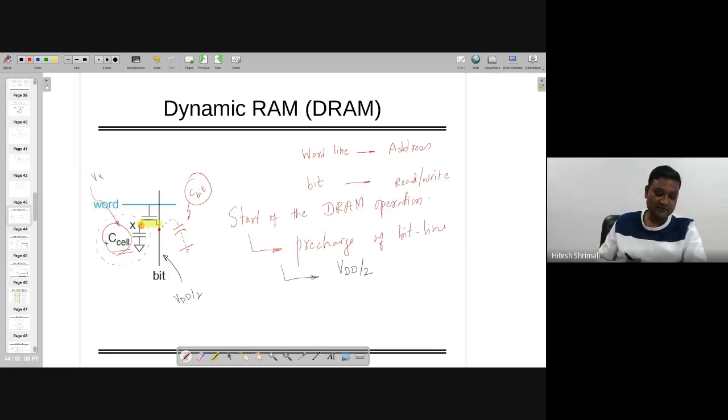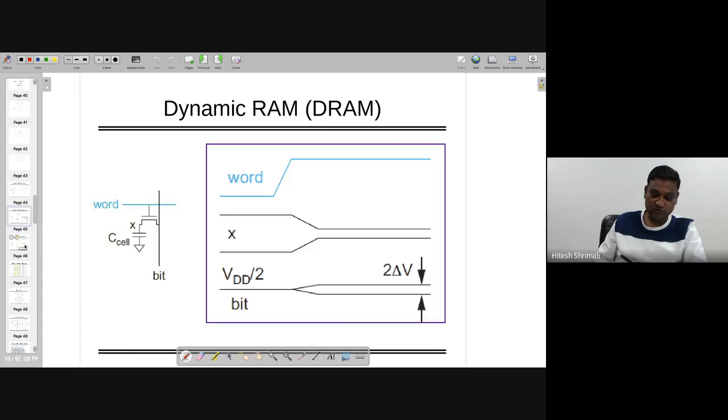If you look at this, you will understand that when this line was precharged to VDD by 2, and when you're connecting this capacitor, the bit line will have two kinds of shift. Either it can go upside or maybe downside.